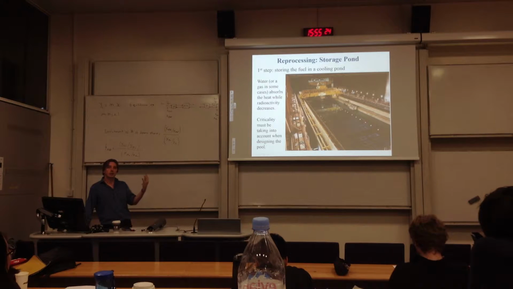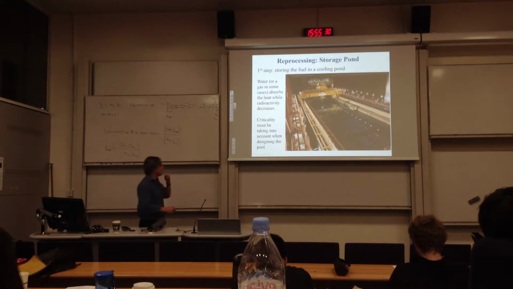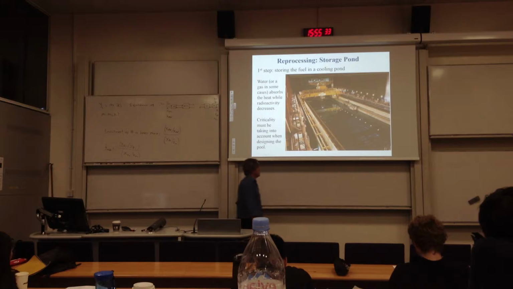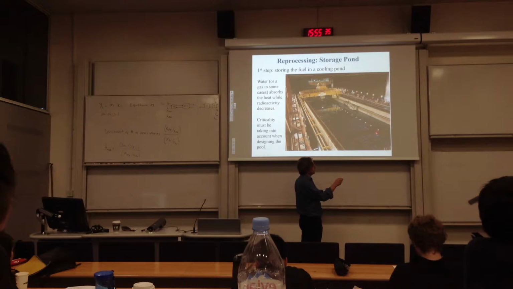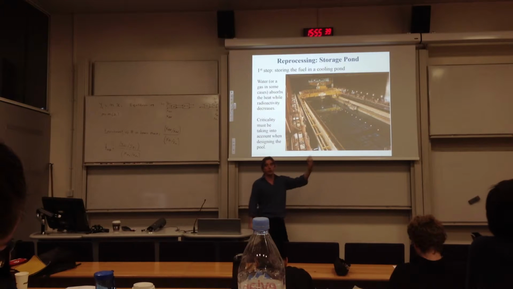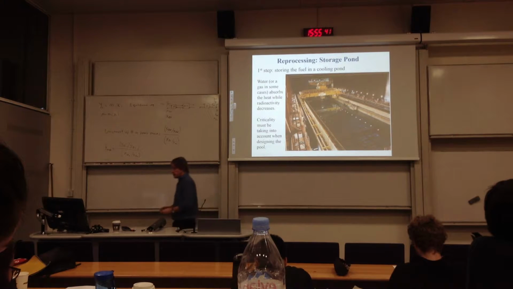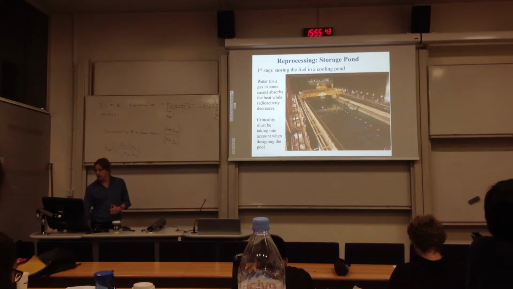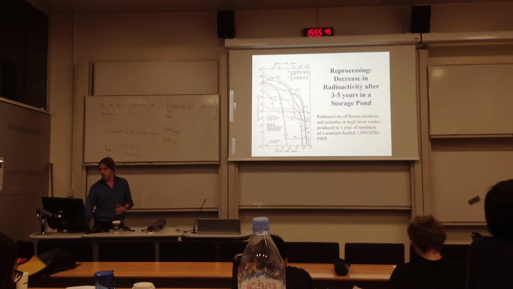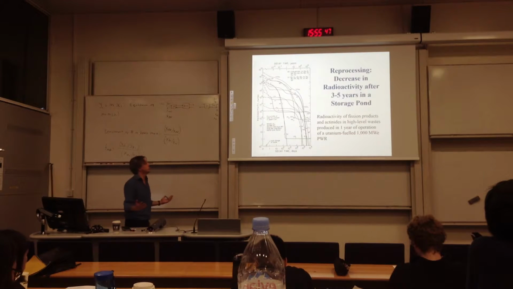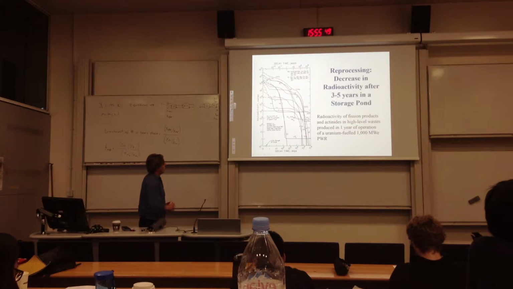So the first step is a cool down period in a cooling pond, where the fuel as it came from the reactor is placed. So here you can have rods. This is covered by water, which will absorb any radiation. And this is left there for a few years, 3 to 5 years typically.